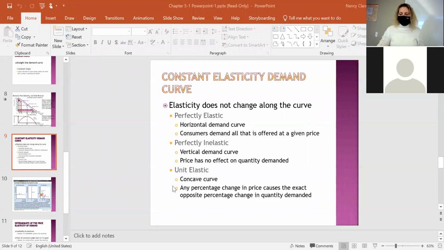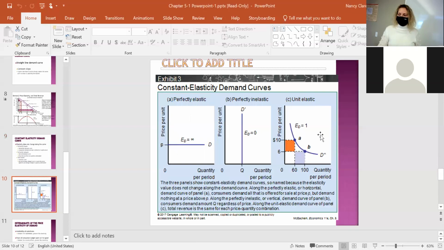And then we have unit elastic, which ends up being this concave curve. Very unrealistic. This would just be some random coincidence. So I wouldn't worry too much about it. But here are the physical representations of those three constant elasticity demand curves.